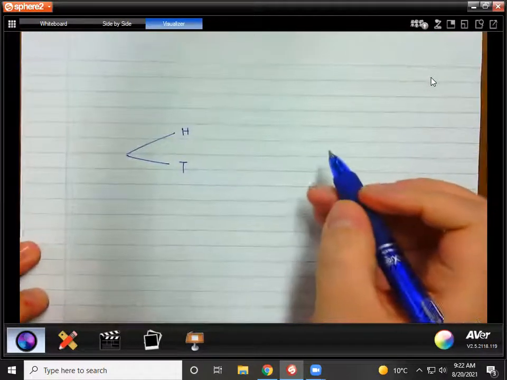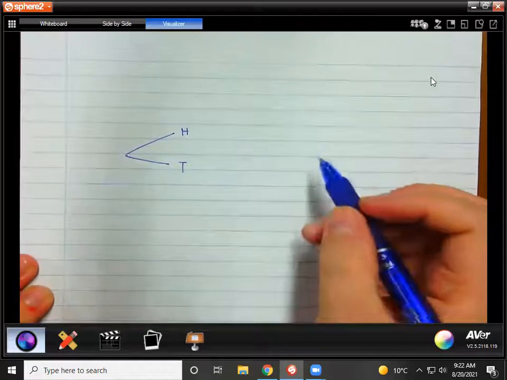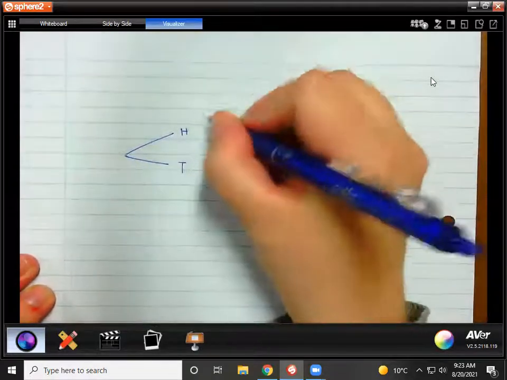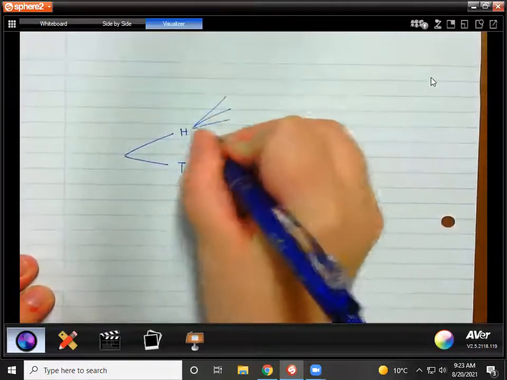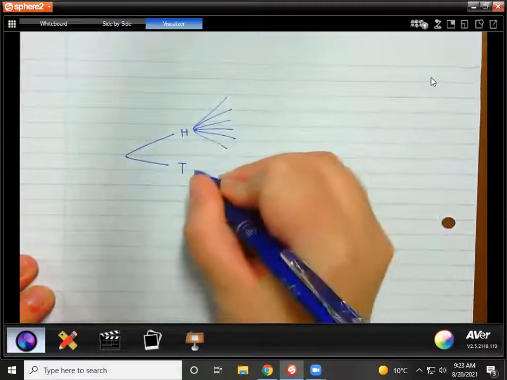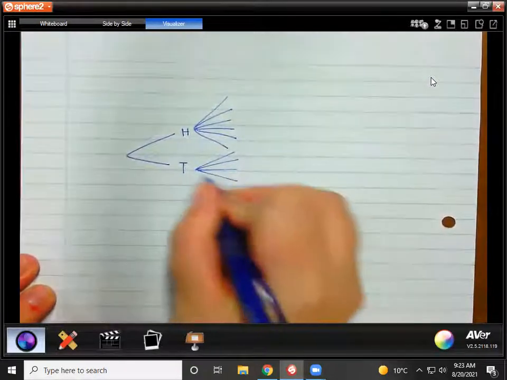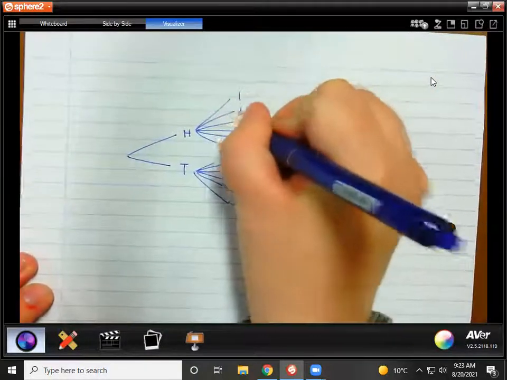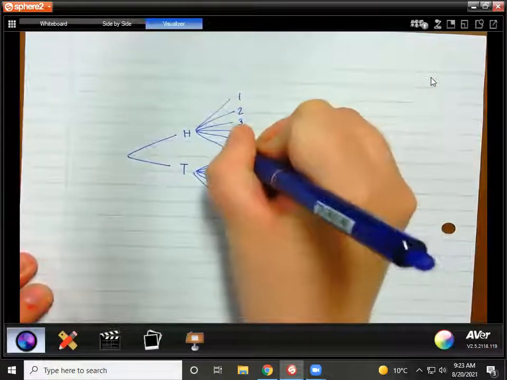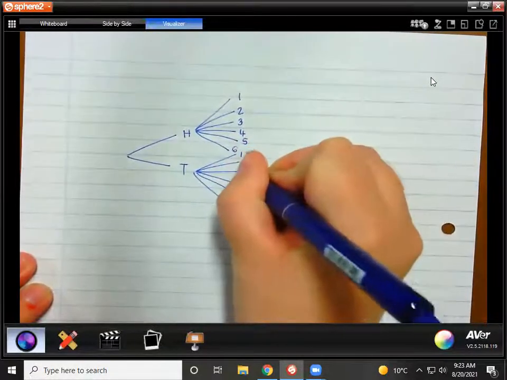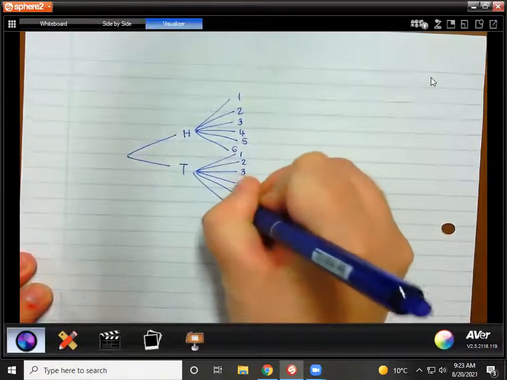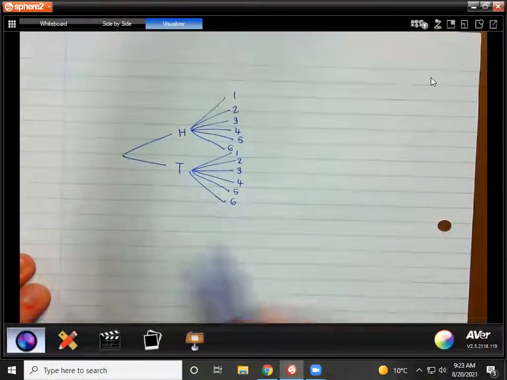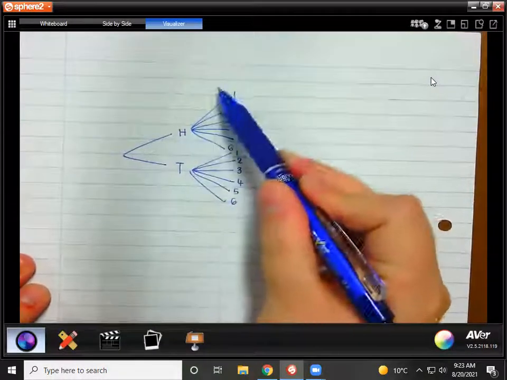Then how many possible outcomes are there when you're rolling a die? 6. 1, 2, 3, 4, 5, 6. Then your final outcomes would be you matching them up.